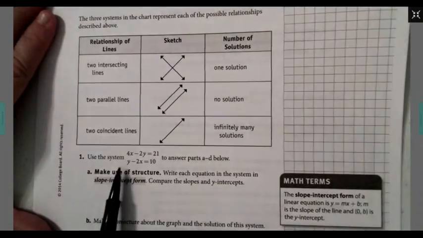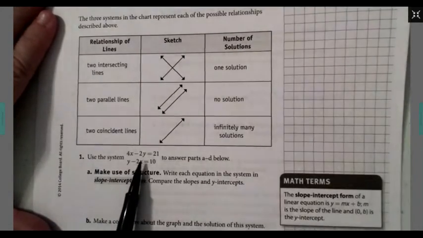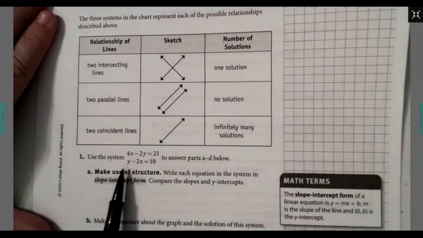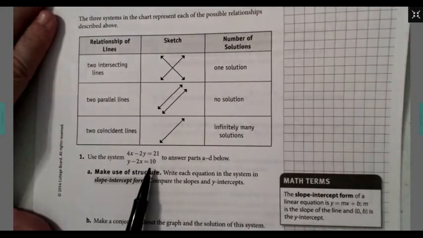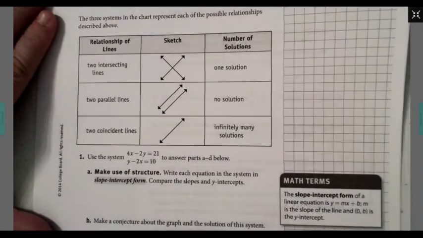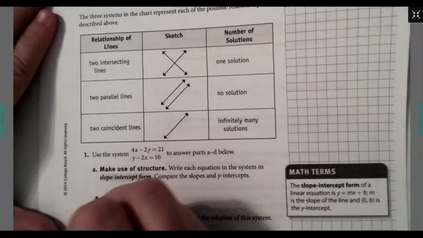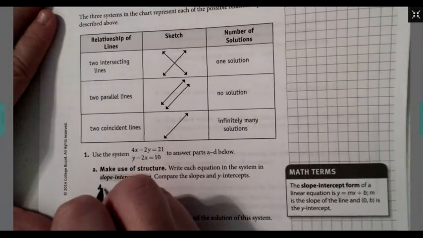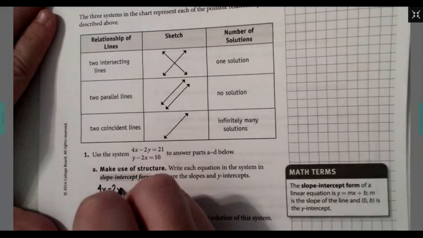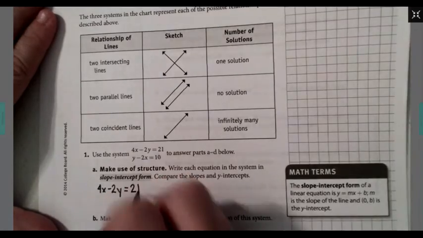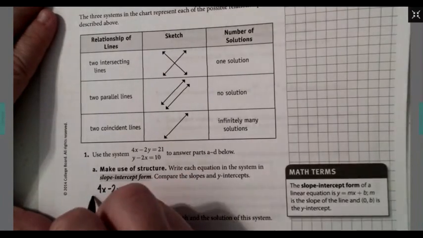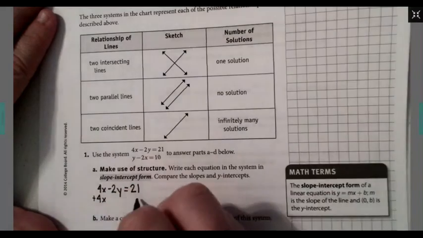1. Use the system 4x minus 2y equals 21 and y minus 2x equals 10 to answer parts A through D below. A. Write each equation in the system in slope-intercept form and compare the slopes and y-intercepts. So we have 4x minus 2y equals 21. We want to solve for y. So we're going to add 4x.